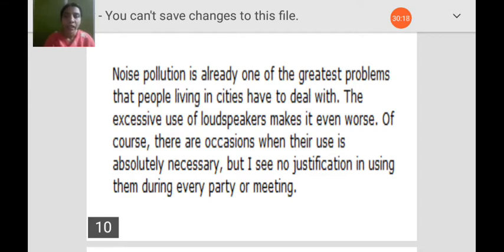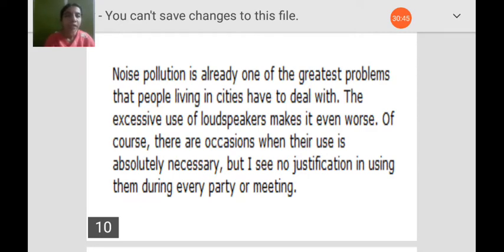So they already have that pollution, and added to that, loudspeakers are another problem. The excessive use of loudspeakers makes it even worse. Already we are facing noise pollution, and the excessive use is adding more pollution.